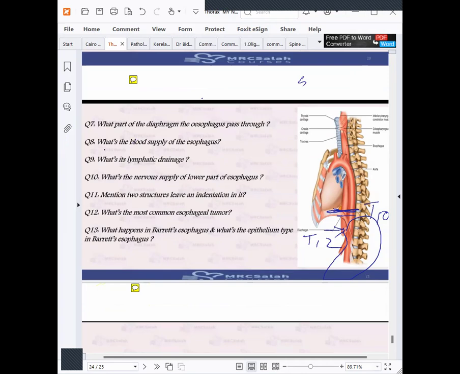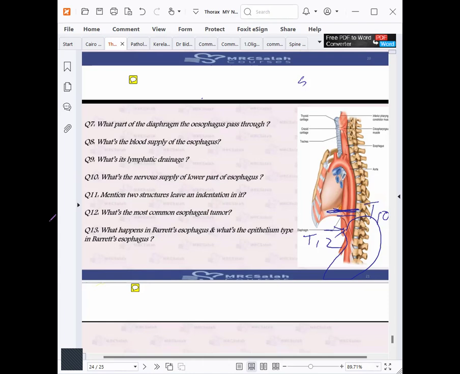What is the blood supply of the esophagus? The upper third is from the inferior thyroid artery, which is a branch of the thyrocervical trunk. The middle third is from the esophageal branches from the descending aorta, and the inferior part is from the left gastric artery, a branch of the celiac trunk.